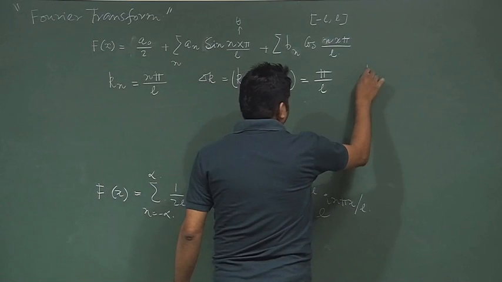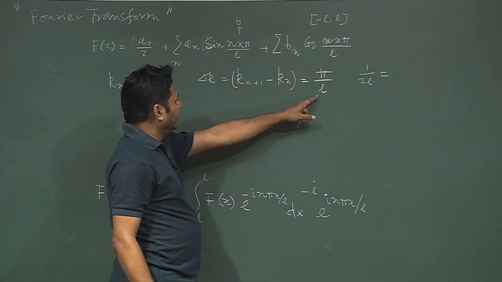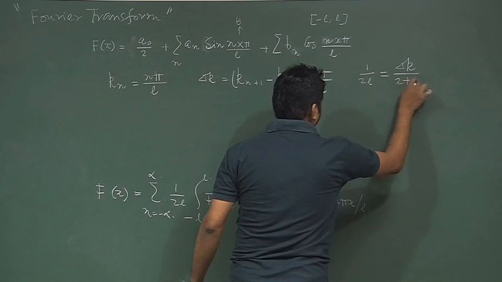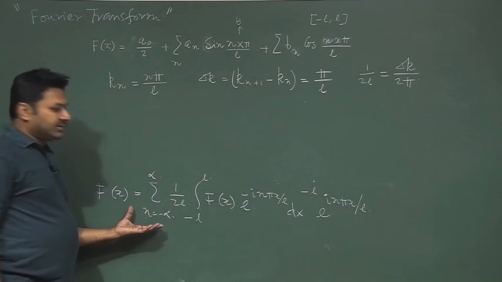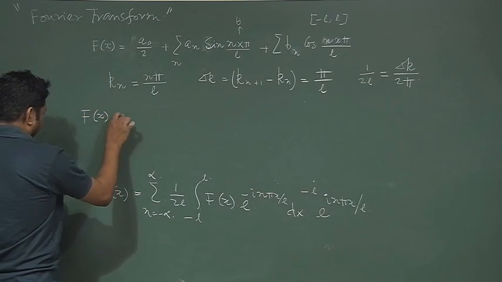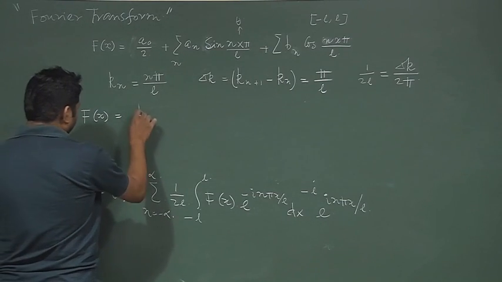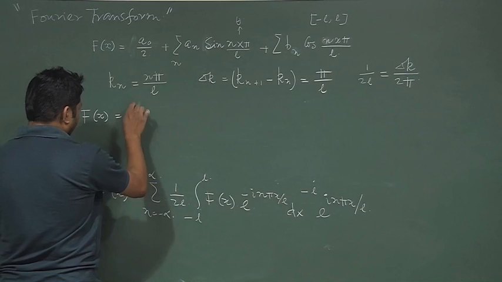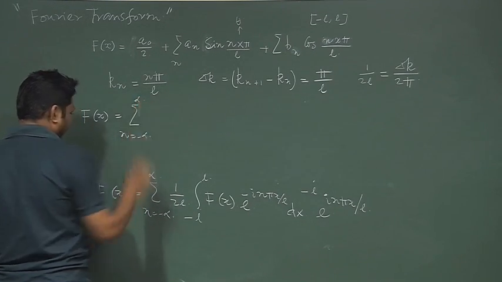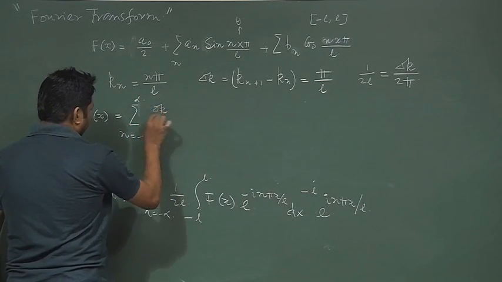So I can replace 1 by 2L as delta k by 2 pi. Now I rewrite this expression once again. f of x is equal to the summation of n from minus infinity to infinity, 1 by 2L, which I replace with delta k by 2 pi.